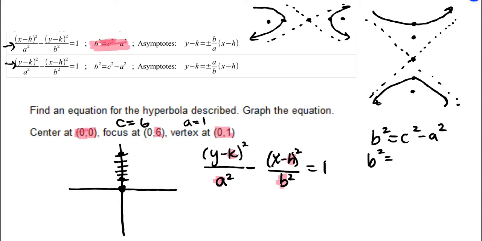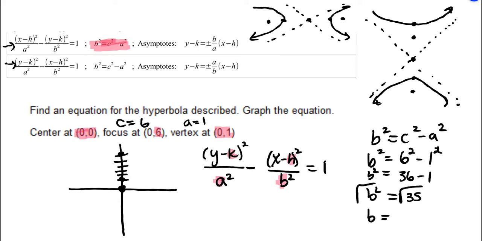B squared equals 6 squared minus 1 squared. That's 36 minus 1, which is 35. So B squared equals 35. I'll take the square root of both sides to get that B is equal to the square root of 35. We'll use the positive root since B is a distance.